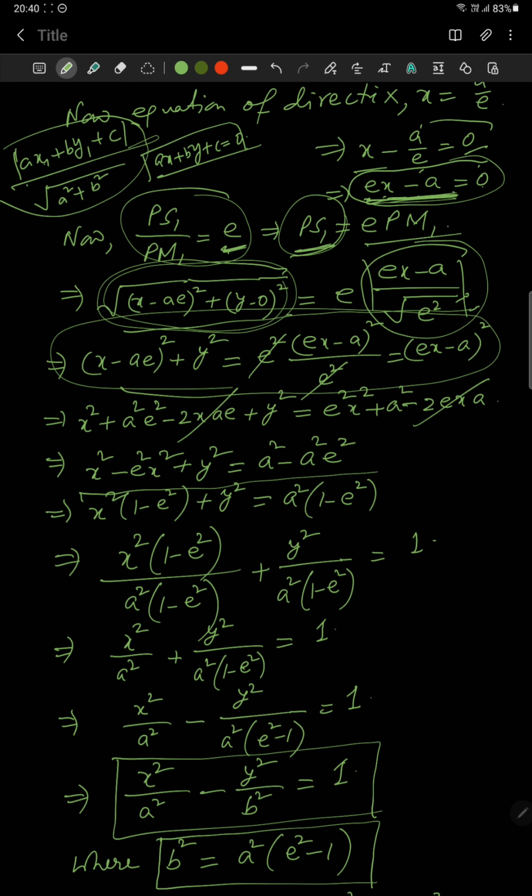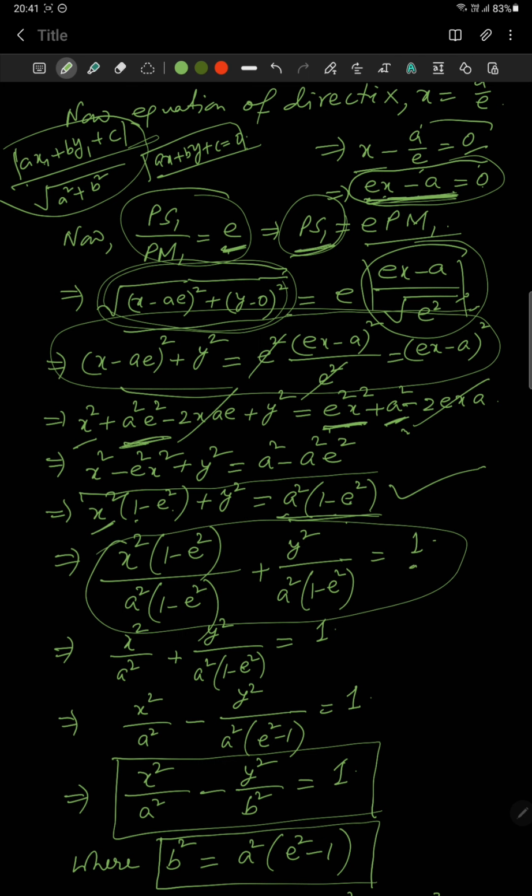Okay, this e square x square is taken to the left hand side and a square e square taken to the right hand side, so that a square bracket open 1 minus e square we are left with in the right hand side, and in the left hand side from this x square and e square x square, x square is taken common, 1 minus e square. Then we are dividing throughout by a square bracket 1 minus e square, so that we are getting this relation.